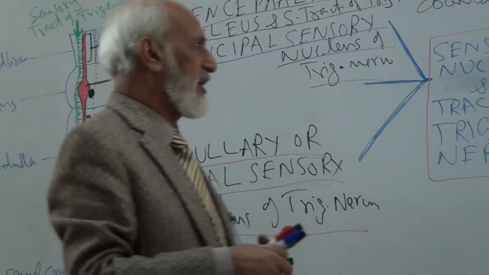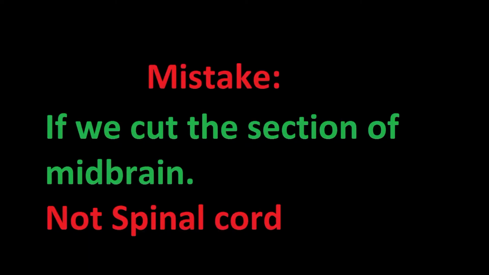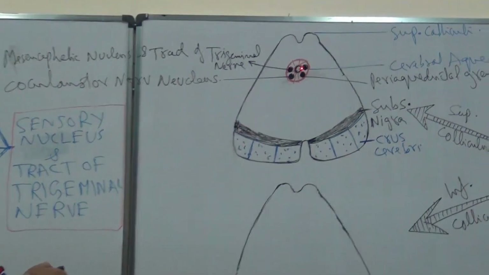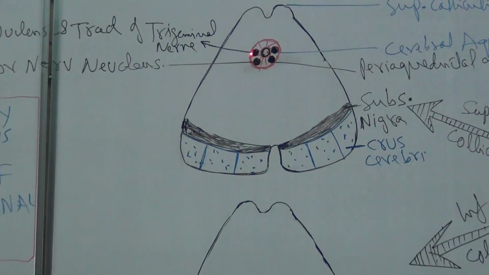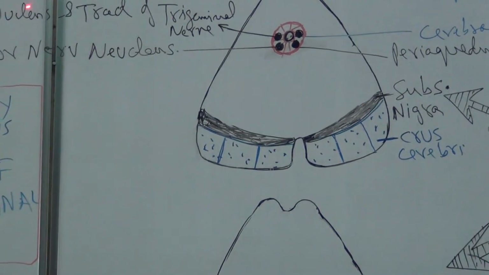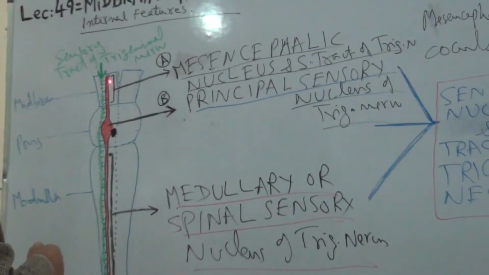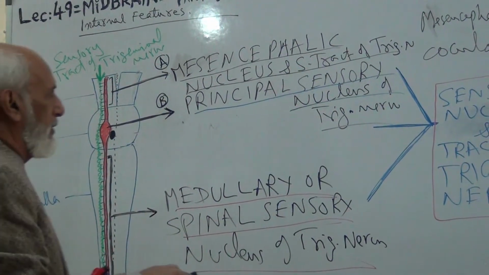So if you cut a section of the midbrain at the level of superior colliculus, in the central gray matter lateral to the cerebral aqueduct will be the mesencephalic nucleus and tract of the trigeminal nerve. This part of the trigeminal nerve will be located here.